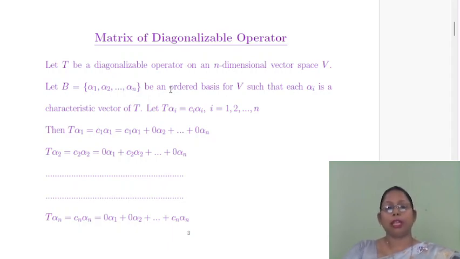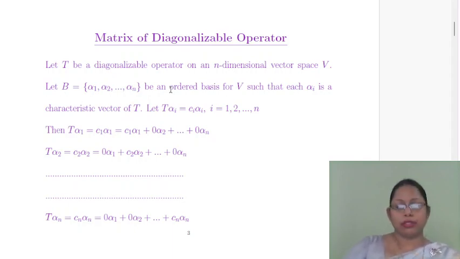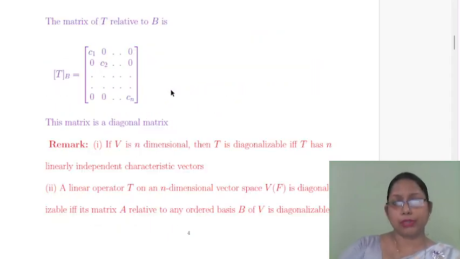T of alpha n is equal to c n alpha n, 0 alpha 1 plus 0 alpha 2 plus up to c n alpha n. The matrix of T relative to B is given by the coefficients of alpha i on the right hand side of the expression, that is, as given by this matrix.